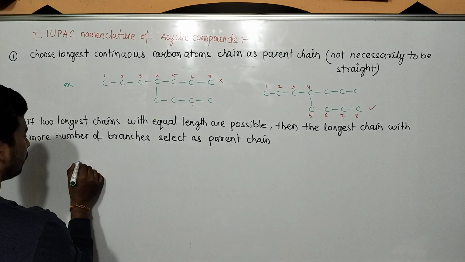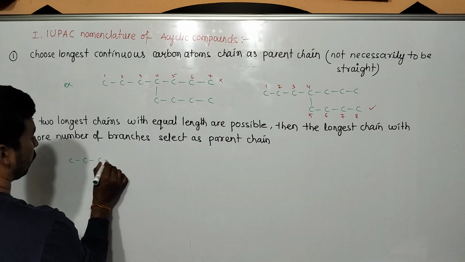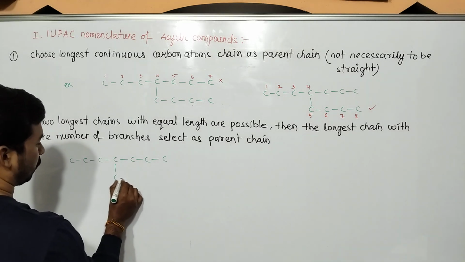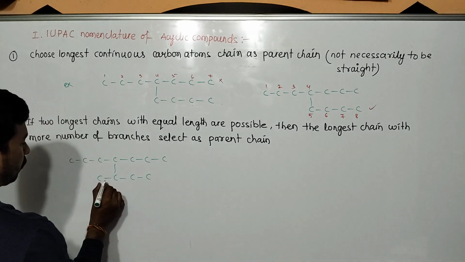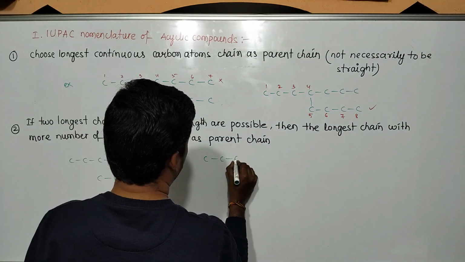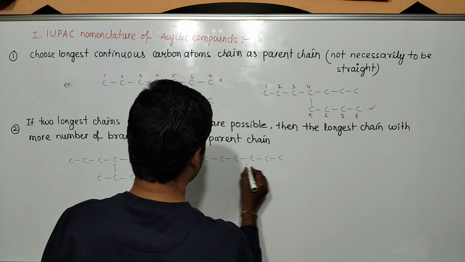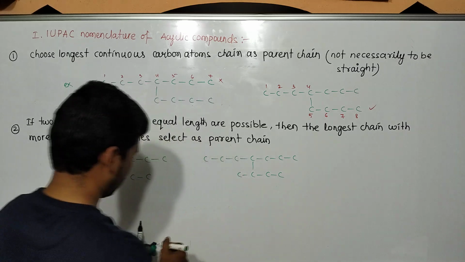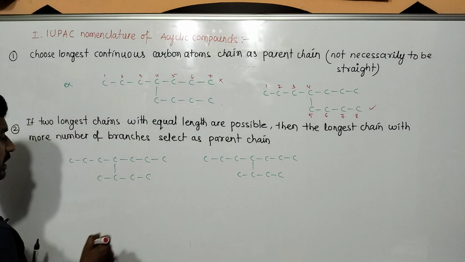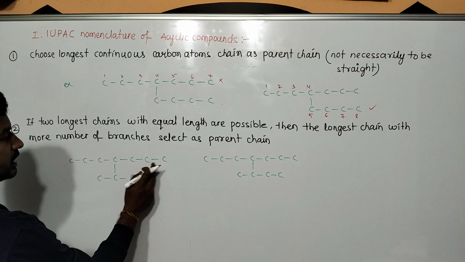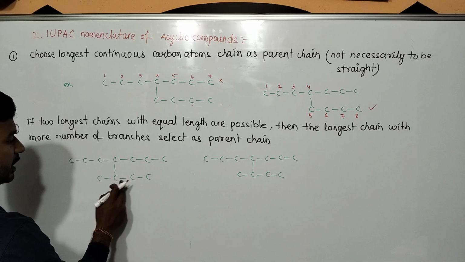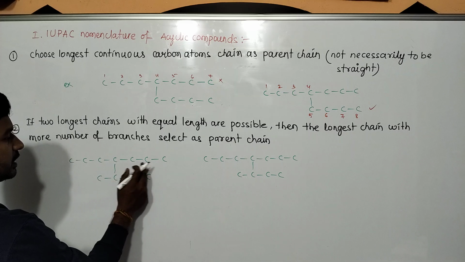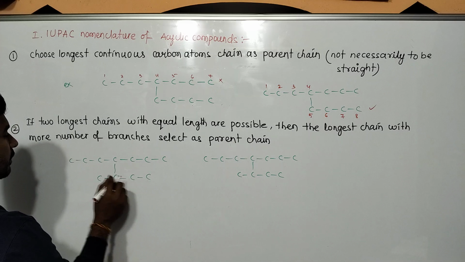So I will give one wrong method and one right method. What is the wrong method? 1 2 3 4 5 6 7, 1 2 3 4 5 6 7, both are correct, both are 7-membered.